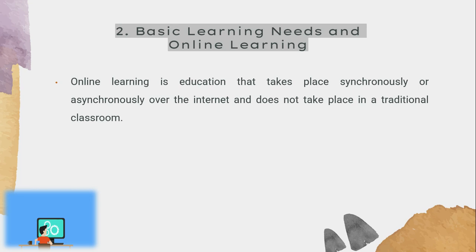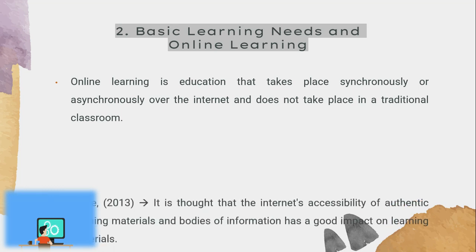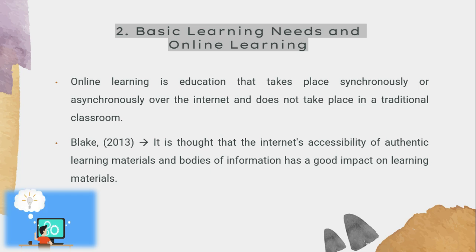So it can take the form of online videos, online learning materials, face-to-face meetings, interactive online questions, quizzes, and practice, among other things. According to Blake 2013, it is thought that the internet's accessibility of authentic learning materials and bodies of information has a good impact on learning materials.